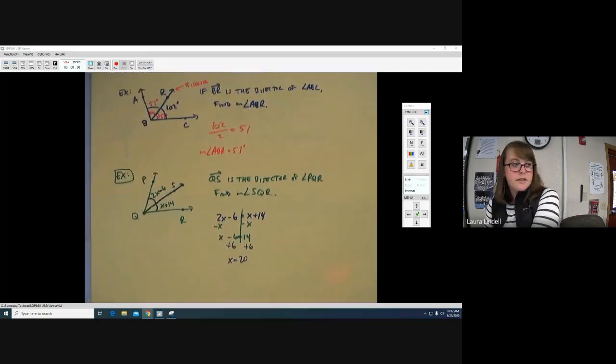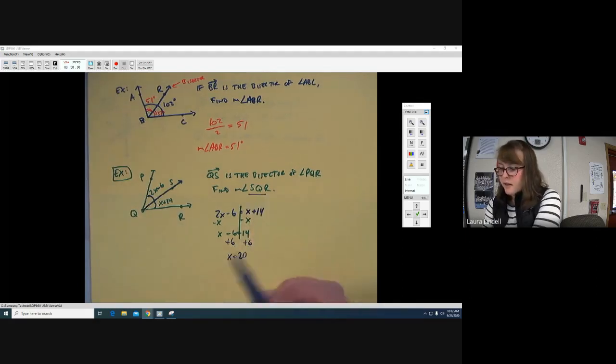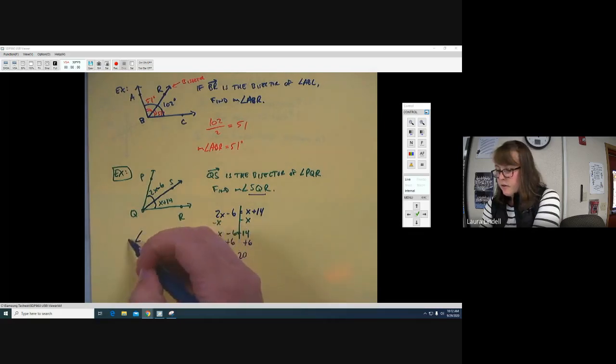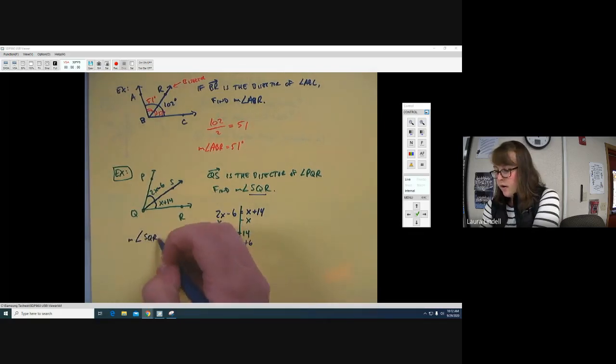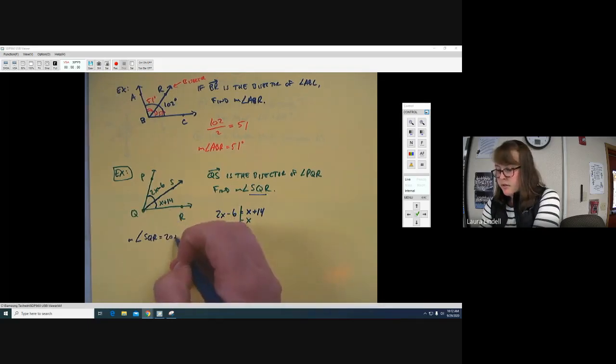And we should get x equals 20. Then we want to know what the measure of angle SQR is. So we know angle SQR is x plus 14. So that would be 20 plus 14, which would give me 34 degrees.